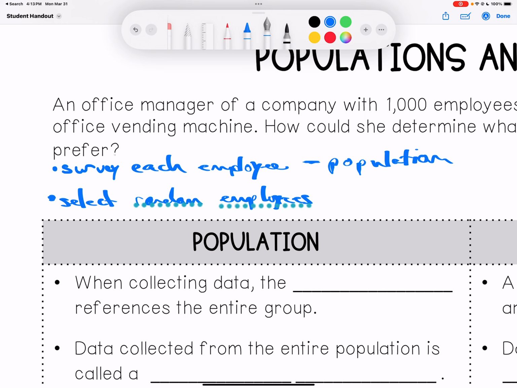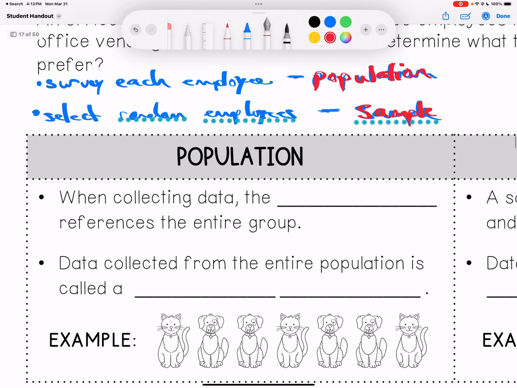Not all of them, just random ones. And that's called sample. Okay? So we have sample and population. That's two different ways to find out what they want. We could have asked everybody via email, or we could have went around the office or whatever. Or we could have just asked random people.